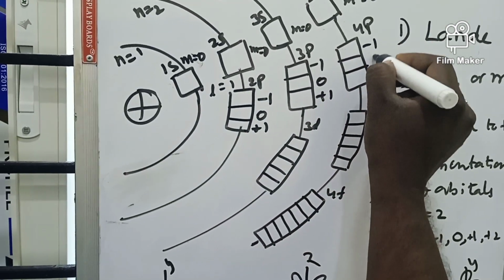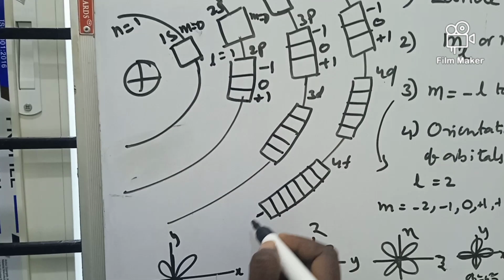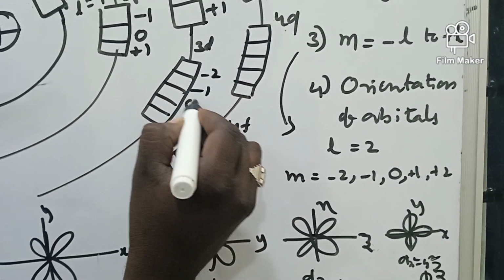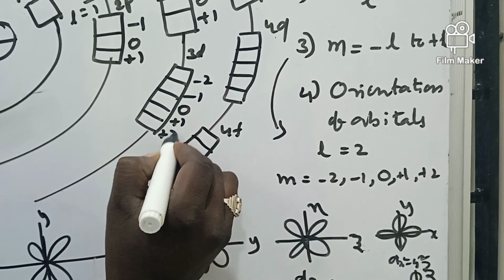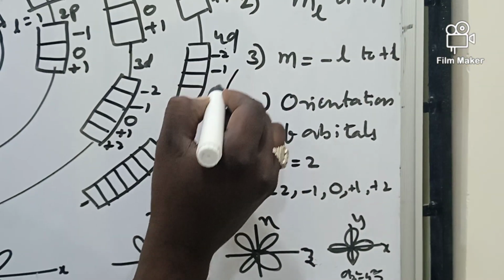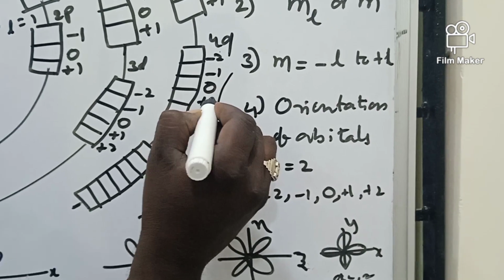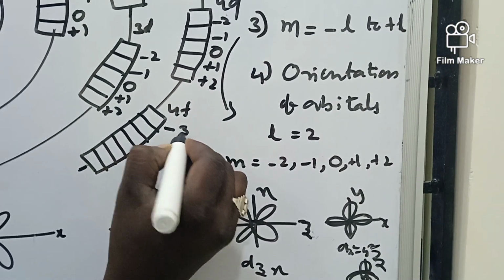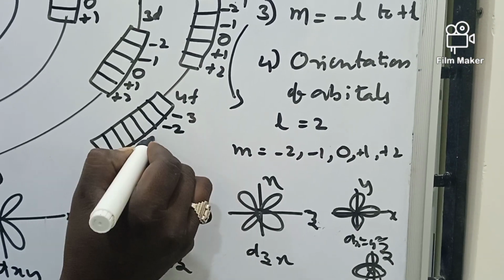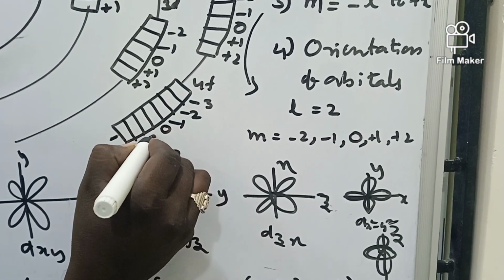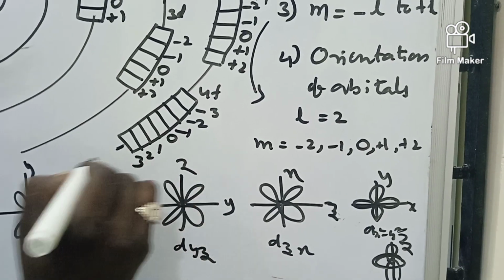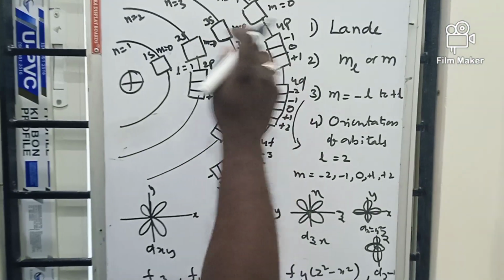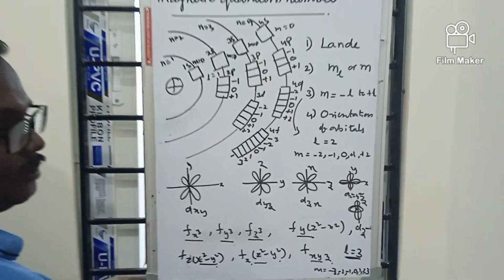Whereas for d orbitals it is -2, -1, 0, +1, +2. For f orbitals it is -3, -2, -1, 0, +1, +2, +3. Like that we can represent the magnetic quantum number for the electrons.